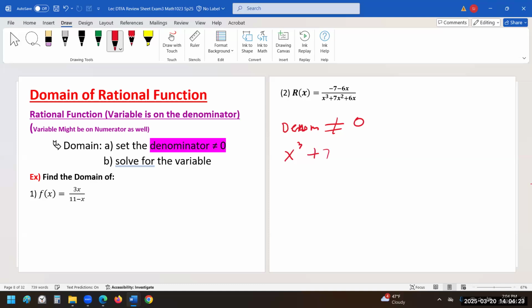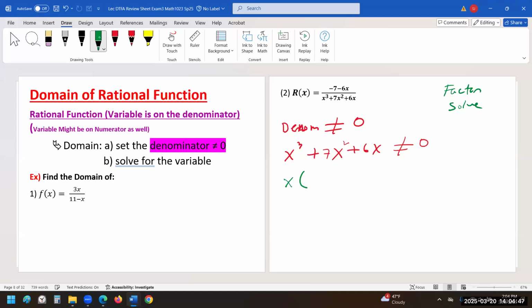So x cubed plus 7x squared plus 6x. This denominator, we don't want that to be 0. Then your goal is to solve for x. It means you factor and you solve. So 3 terms, what do you notice first?